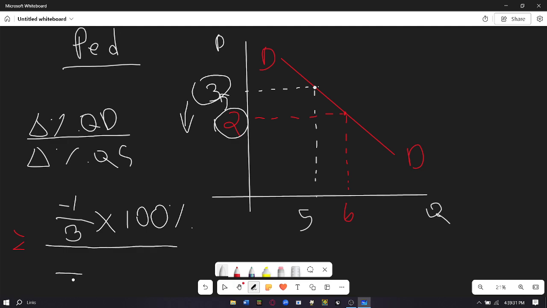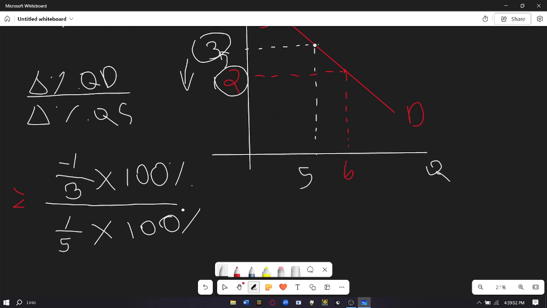The second one is going to be the denominator. Initially, it's 5, and then it increases to 6. The numerator is the final minus initial, which is just 1, times 100%.